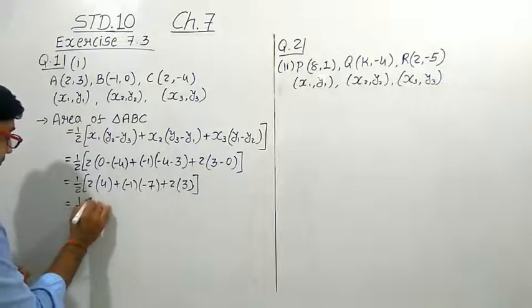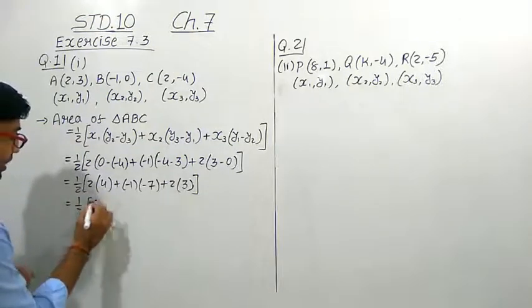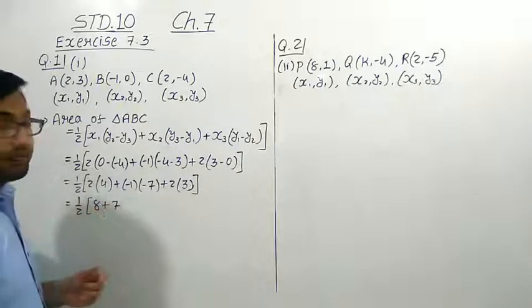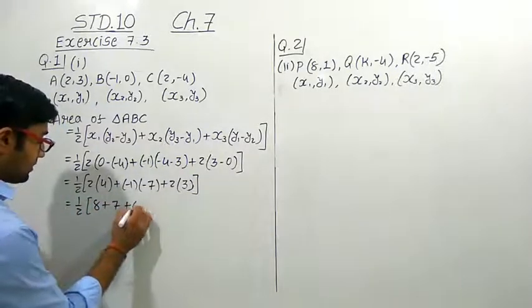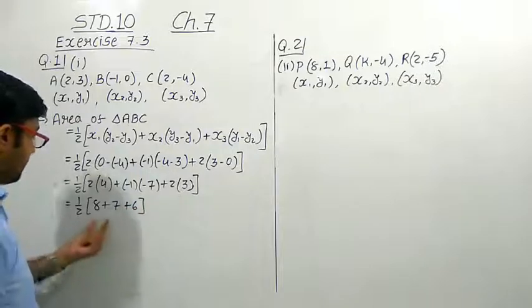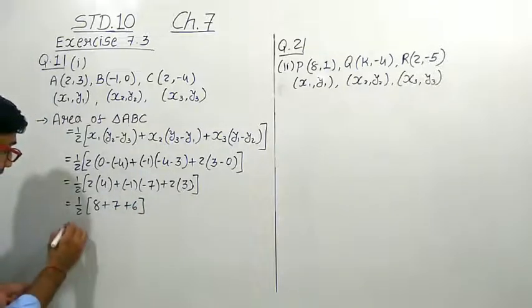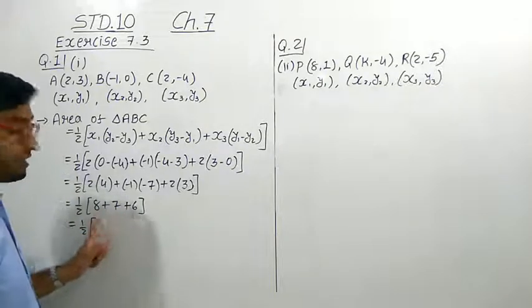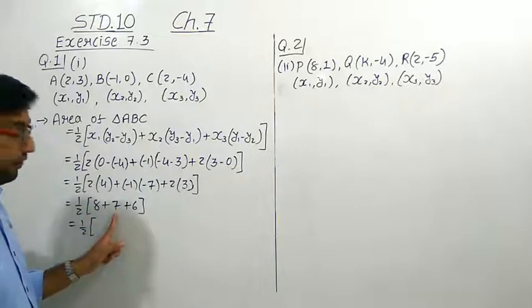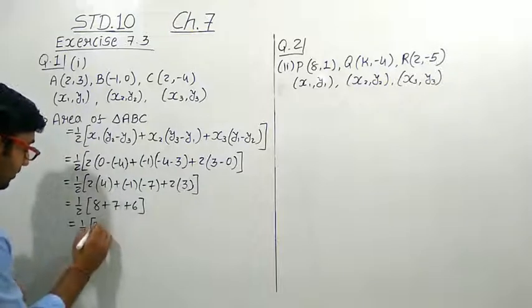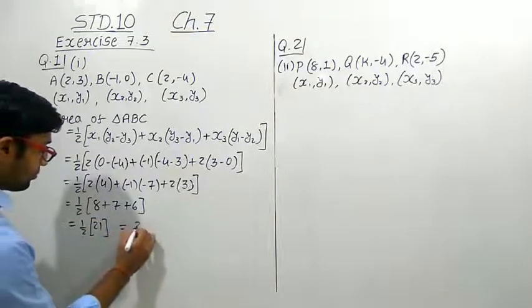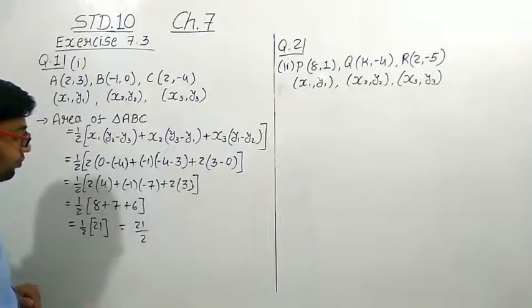We get 1/2, here 2 times 4 is 8, minus minus 7 gives plus 7, and 2 times 3 is 6. So 1/2 in the bracket 8 plus 7 plus 6. Now 8 plus 7 is 15, and 15 plus 6 is 21. So the total area is equal to 21 upon 2.